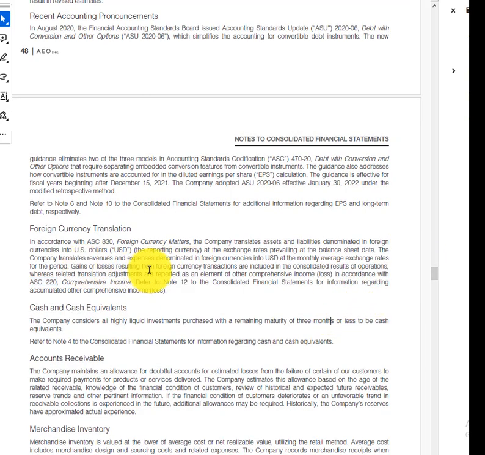So if you wanted to know how much foreign currency translation affected American Eagle, and of course, the more the company does business in other countries, the more it's affected, then you would go to this footnote. This doesn't give us much dollar amount; it just gives us a little bit of a summary. But it tells us how they measure, because this is an important measurement concept.